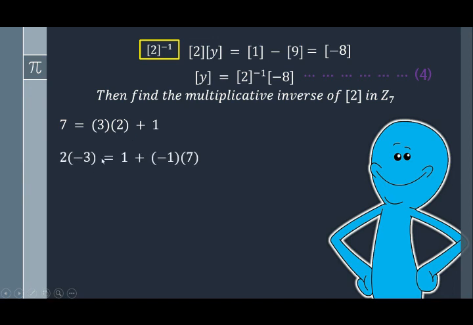This will give me 2 × (−3) = 1 + (−7) × (−1) × 7. I simply took this 3 × 2 to the other side and this 7 to the other side, and that's why we have these negative signs. And finally, this implies that 2 × (−3) is equivalent to 1 mod 7.